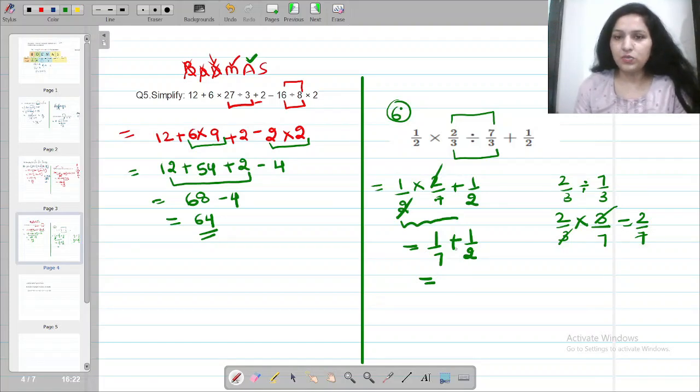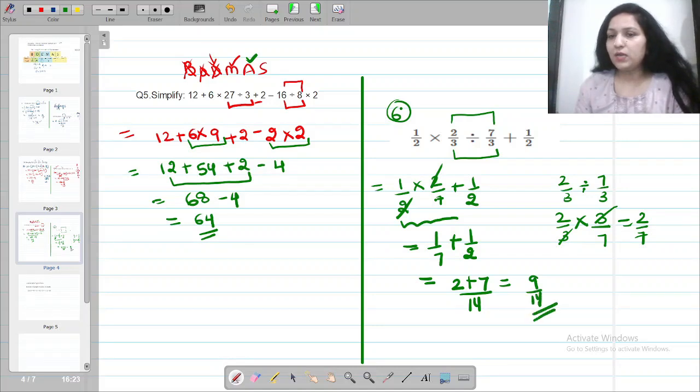How to add these two? Take the LCM of these two, which is 14. 14 down. 7 into 2 is 14. 2 up plus 2 into 7 is 14. 7 up. So this is 7 plus 2, 9 upon 14. These two numbers are co-prime, cannot be solved further. So that's your answer.